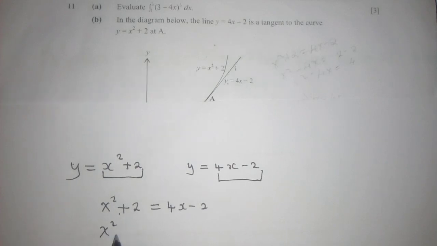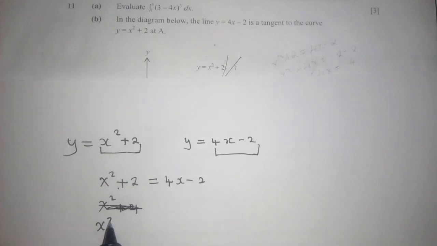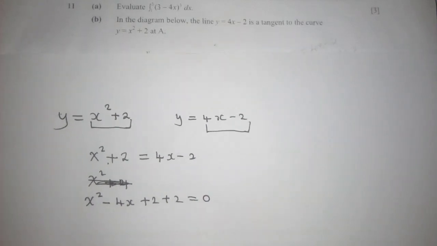When you solve, here you group the like terms. Actually here it was supposed to be minus, it will be like this: x squared minus 4x plus 2 plus 2 is equal to 0. So here you work out things, you get something like this.